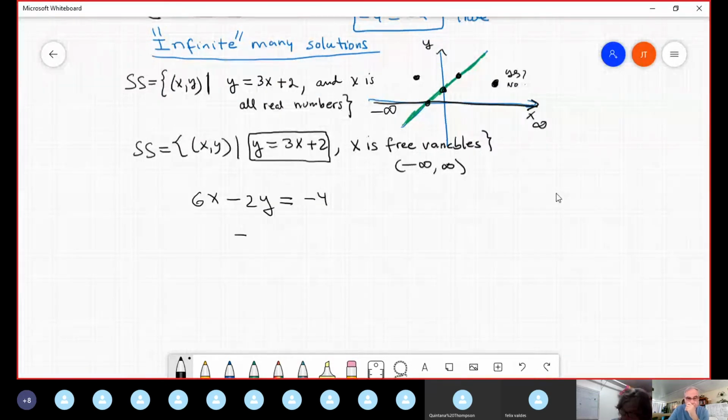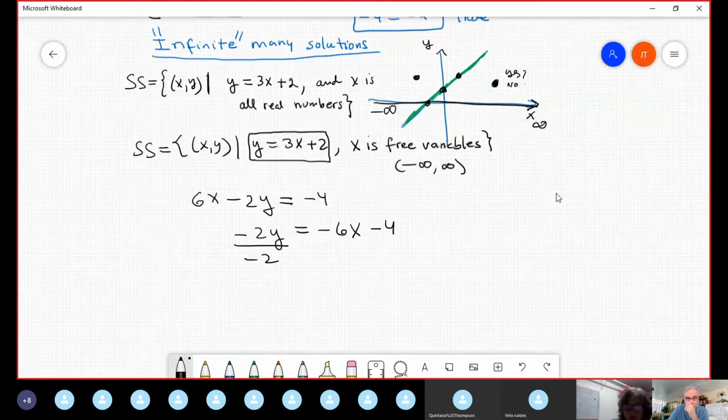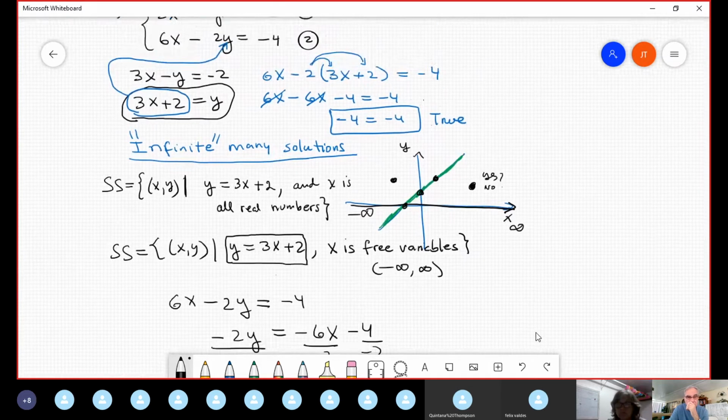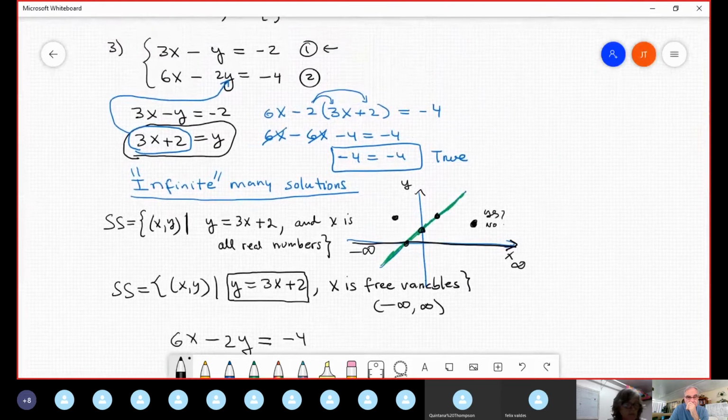Entonces, minus 2y is equal to minus 6x minus 4, and divided by negative 2 because I want to solve for y. We have y is equal to positive 3x plus 2. Same relationship. Doesn't matter what equation you select, it's the same.